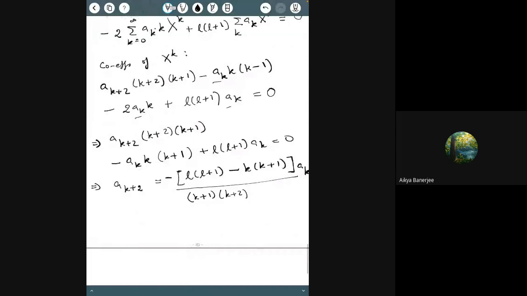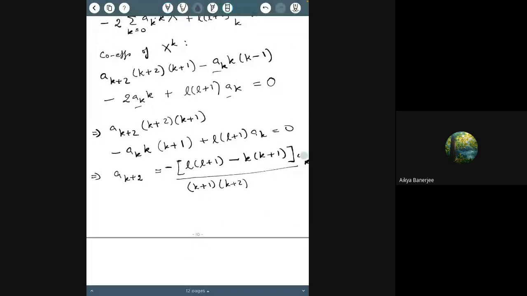This is my recursion relation. I can put the a_k's inside it.